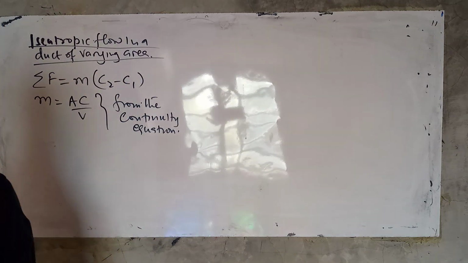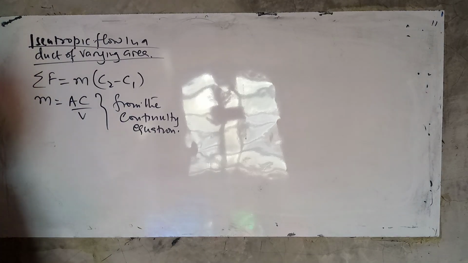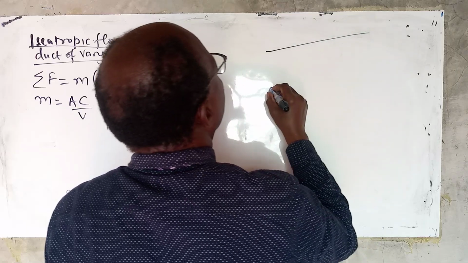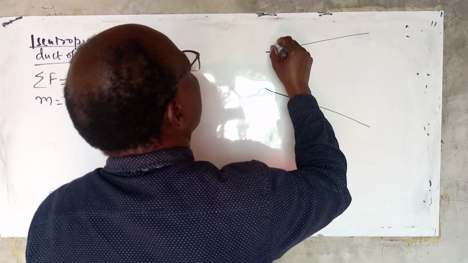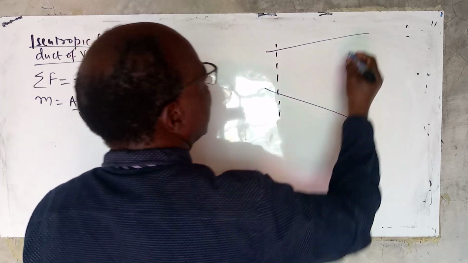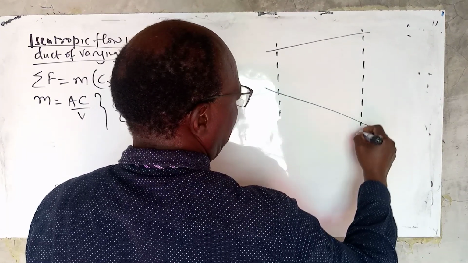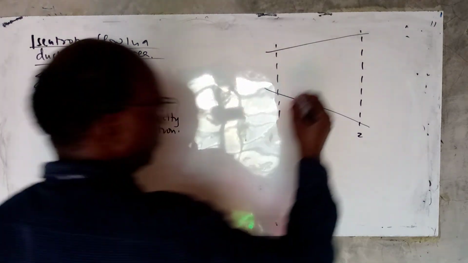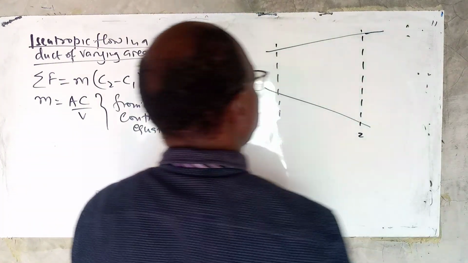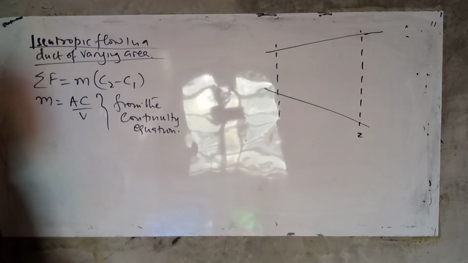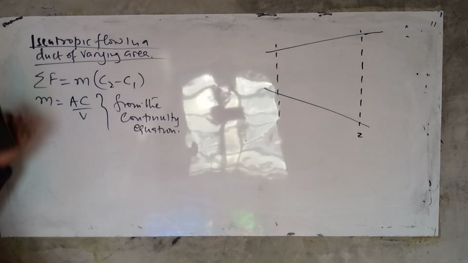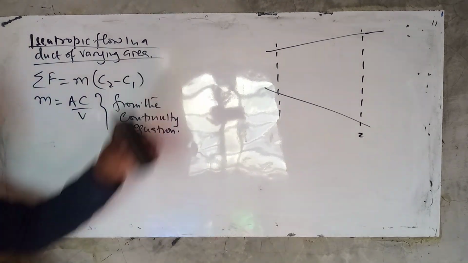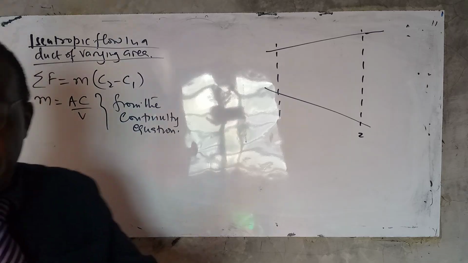So if we profile this duct, that is, draw a schematic of that duct, let's draw it here. Let's call that plane 1, plane 2. So we have the sum of external forces which are acting on those surfaces, and there can be threefold.